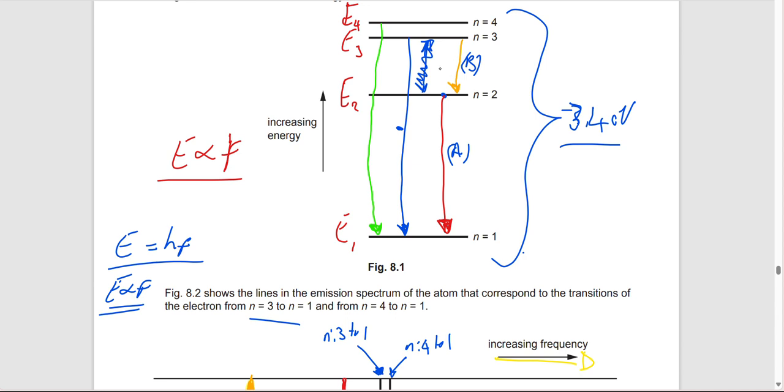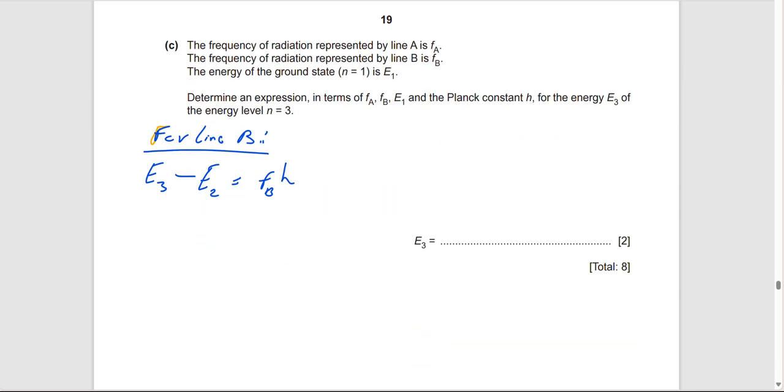They're saying the frequency between these two is FB. Then they're also saying the difference between the frequencies is FA. So you just make your two equations.